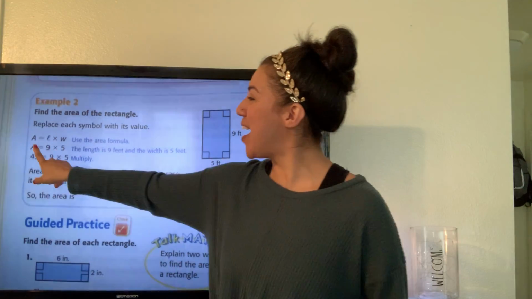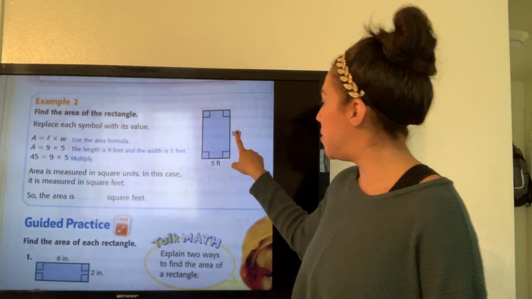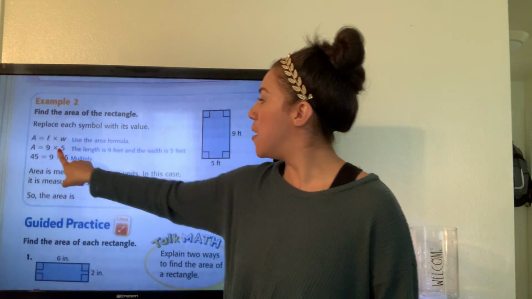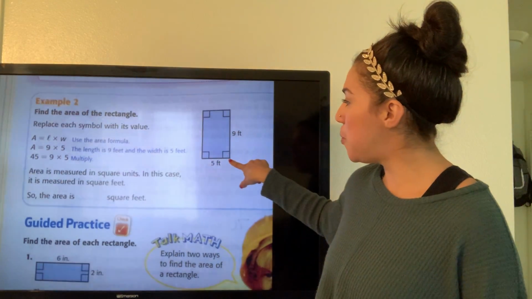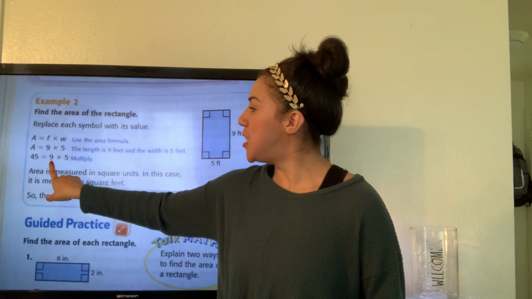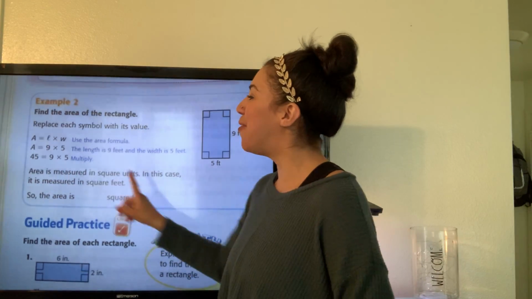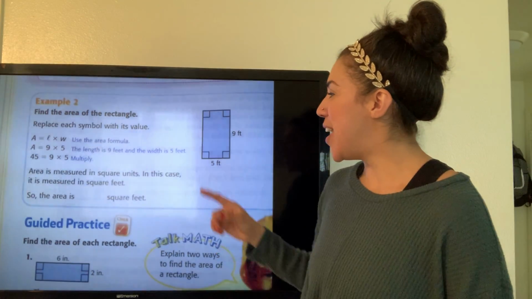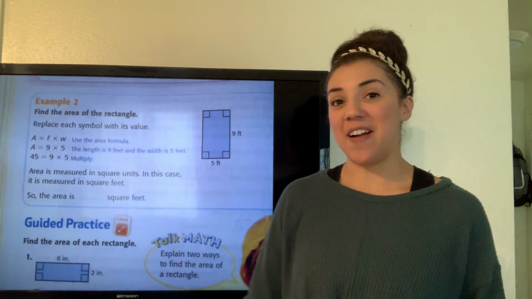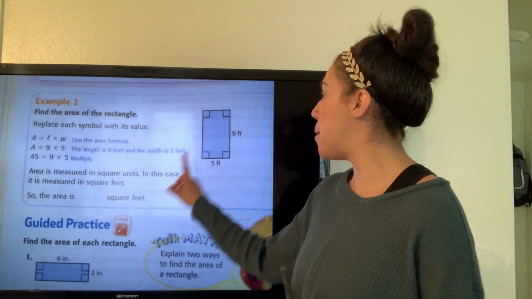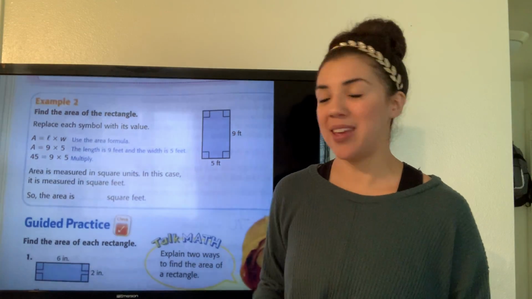So here we have area is equal to 9, because that's the length, times 5, because that's the width. And 9 times 5 is, you got it, 45. So the area equals 45. We just multiplied the length times the width.